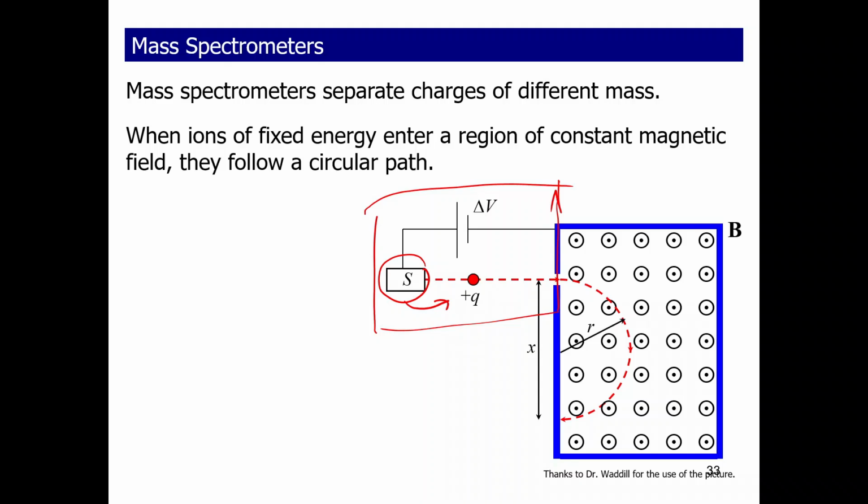What we have is in this section right here, we are going to accelerate that charged particle. Now, this section of the mass spectrometer is often paired with a velocity selector to make sure that only particles with known velocities enter this magnetic field over here on the right. In this case, we just have some sort of potential difference that is going to be creating an electric field.